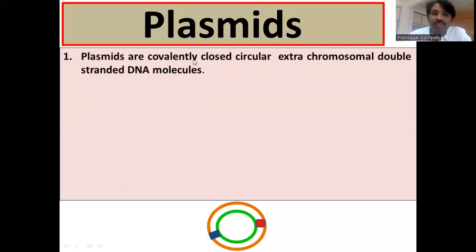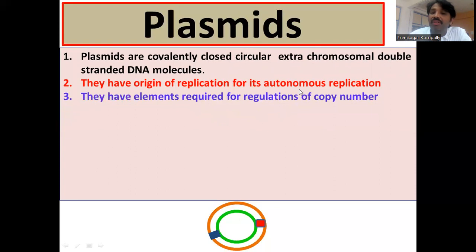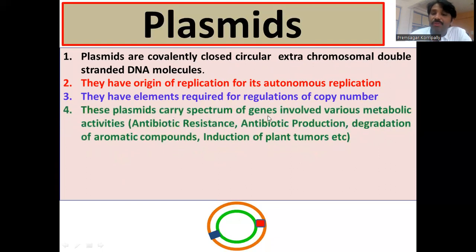As I told you, plasmids are covalently closed circular extra chromosomal double-stranded DNA molecules, and they have an origin of replication for independent replication, have elements required for maintenance of copy number, and carry a spectrum of genes involved in various metabolic activities such as antibiotic resistance, antibiotic production, degradation of aromatic compounds, heavy metal tolerance, and induction of plant tumors, etc. Here I have given a few activities.